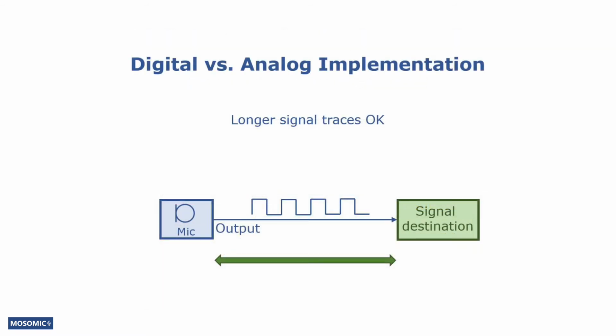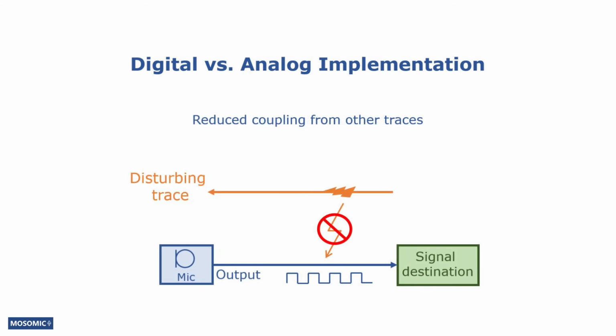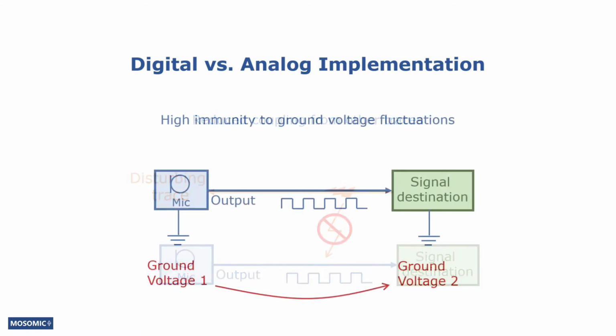Not having to keep signal traces short is one of the key selling points of digital microphones. Also, the proximity of other signal lines to digital signals and the risk of signal coupling is not a big concern with digital signals. Another benefit of digital interfaces is that they are not susceptible to ground voltage fluctuations between the microphone and the receiving system.